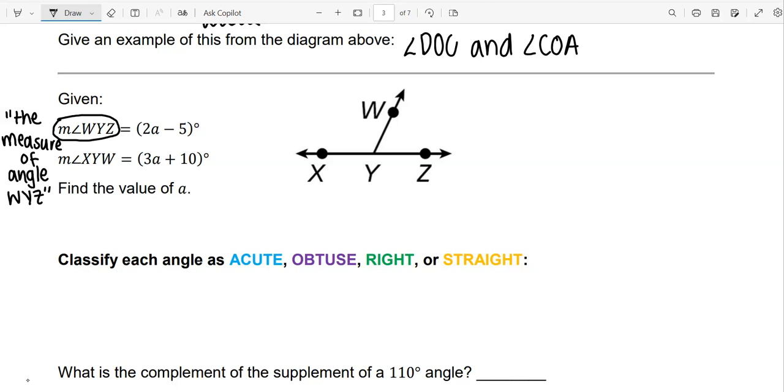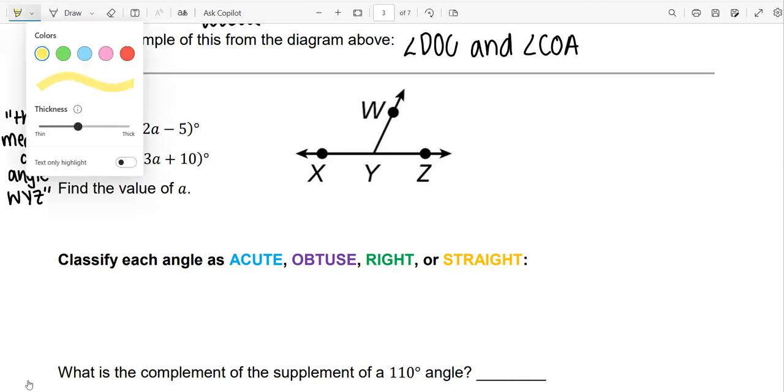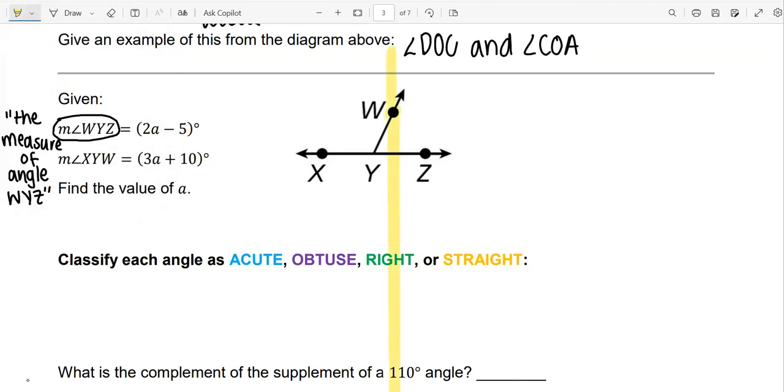When you're talking about the measurement of an angle, you're talking about how big that angle is in degrees. And so this says the measure of angle WYZ. If we go from W to Y to Z, we can see that that's going to be the right side angle, okay? That is 2A minus 5 degrees.